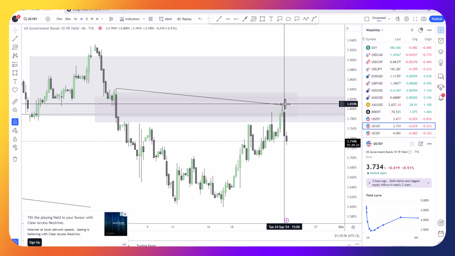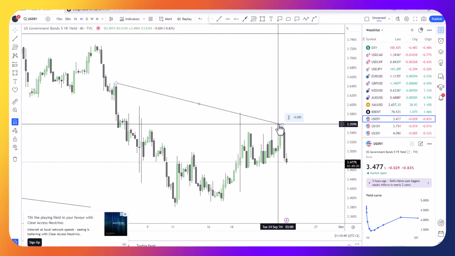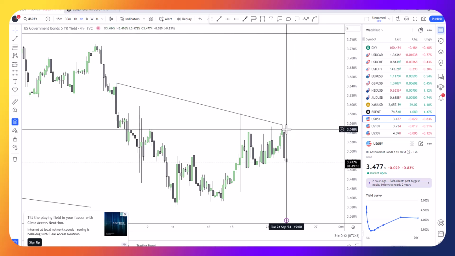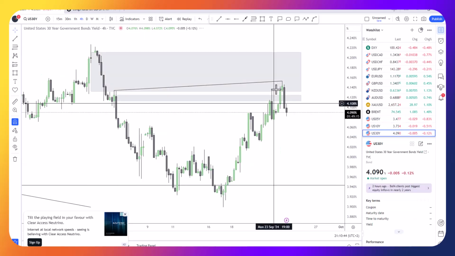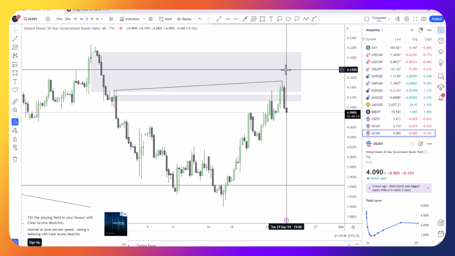So the 10-year was only returning into fair value. The 5-year was only returning into fair value. The 30-year was running stops above an old high. That's significant. That's exactly what I was explaining, that they should confirm one another.